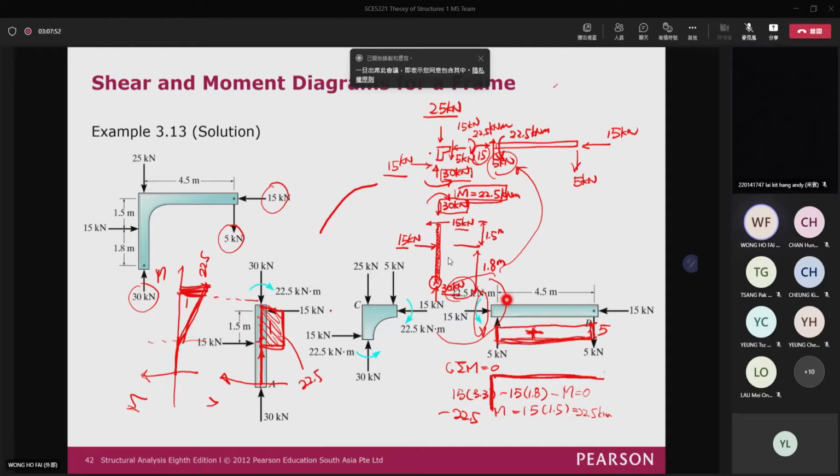Because the shear force value is equal to the slope of the bending moment diagram. And then the area, you can see that actually it is 5 times 4.5. So the area again is equal to 22.5. So actually from here to here, the bending moment diagram, this one is 22.5, something like this.